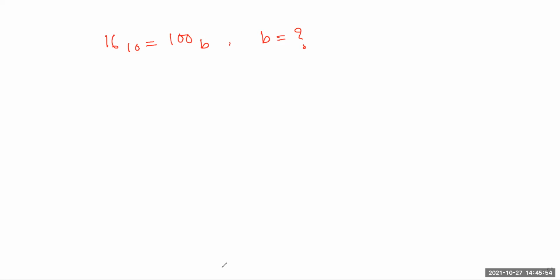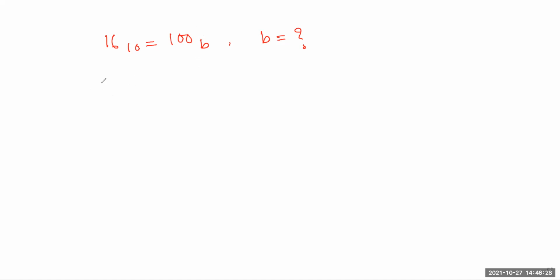For this type of problem, first the right hand side, that is 100 base B, should be converted to decimal. On the left hand side it is 16 because the base of 16 is 10. So the 100 base B should be converted first to decimal.